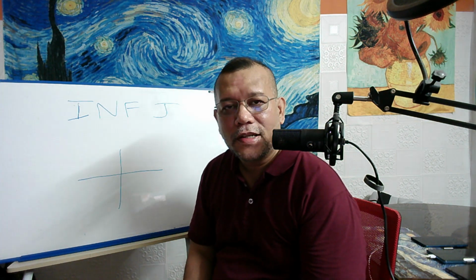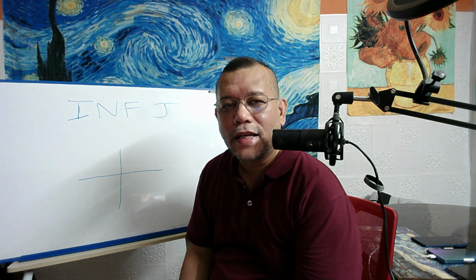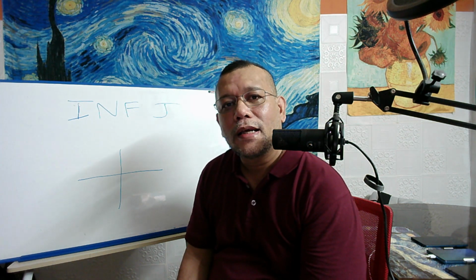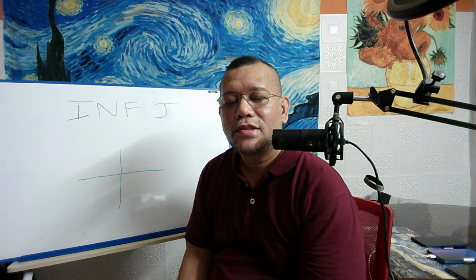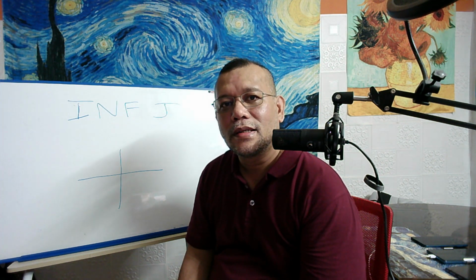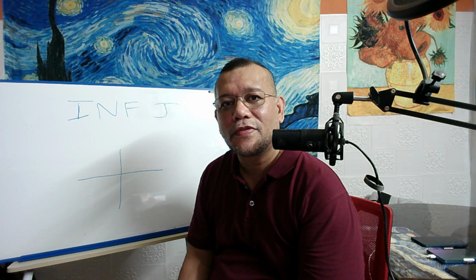The first letter in the four letters is an I, which means that the type is an introverted type. Let me stress that introverted here does not mean the same as the dictionary or the social definition of introversion.